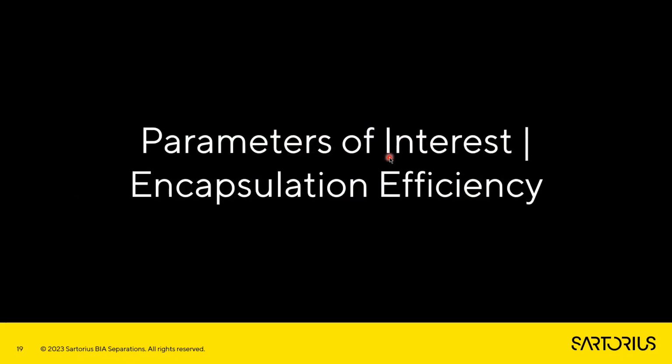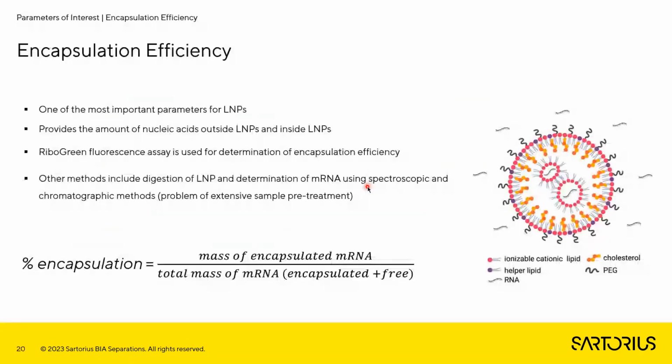Now I want to go a little bit more in detail and show you how LNP switcher is used for determination of different parameters. The first parameter is encapsulation efficiency of the encapsulation process. This is one of the, I will say, most important parameters of lipid nanoparticles.